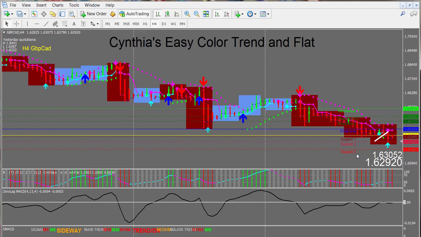You can have your target really wide here, put it down at support 3, and at least here you would have had an exit at support 1, and actually right in here with this early exit alert, early reversal arrow, it actually hit support 2. So it's just an easy way to manage your trade without any special indicators or trading tools.